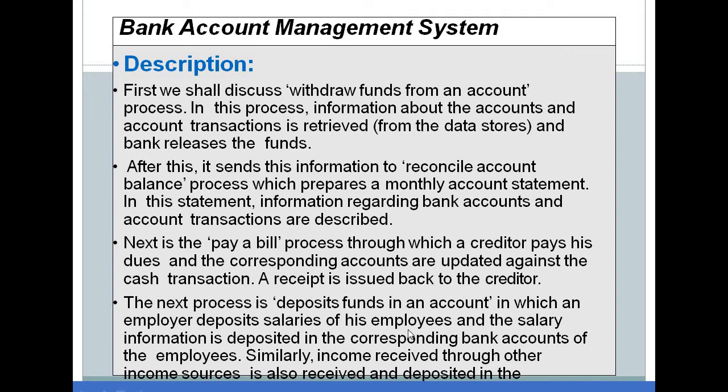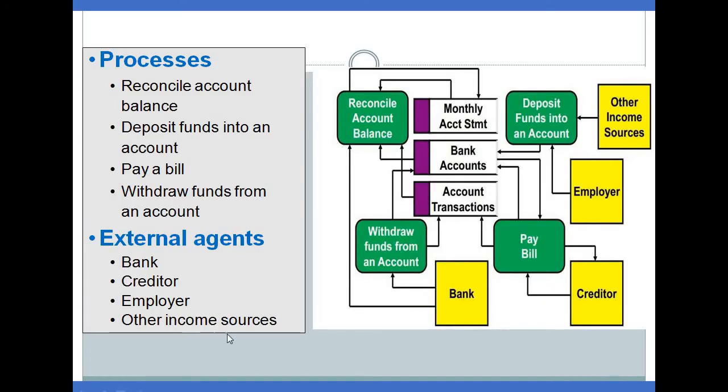Similarly, income received through other income sources is also received as a deposit in the bank. So what will be the steps we will follow for the DFD? First is the processes.